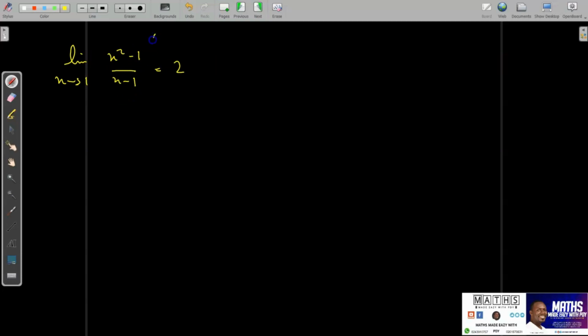So it means that within this function, we have what we call a removable discontinuity. When you substitute the actual value of 1 in here, it will make the whole function undefined. So there is a factor that you need to remove out of this function so that it will give you the answer as 2. Now you've learned factorization, isn't it?